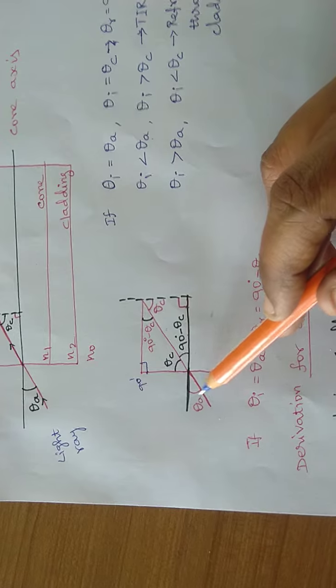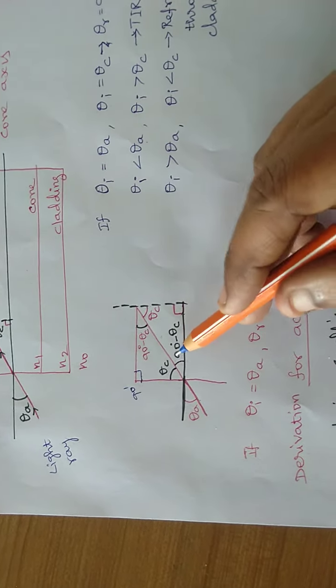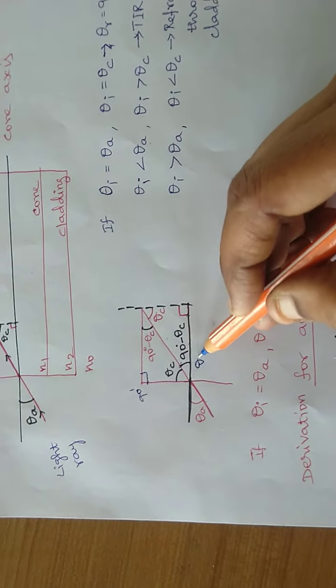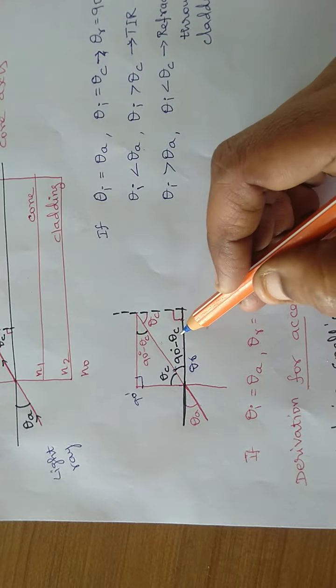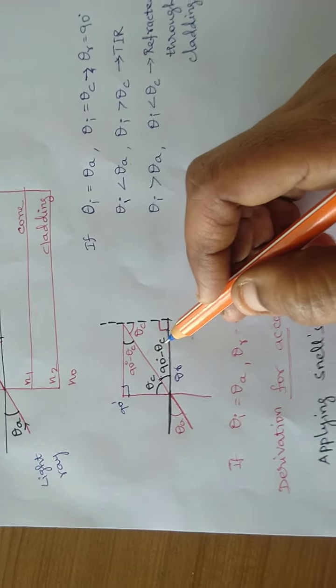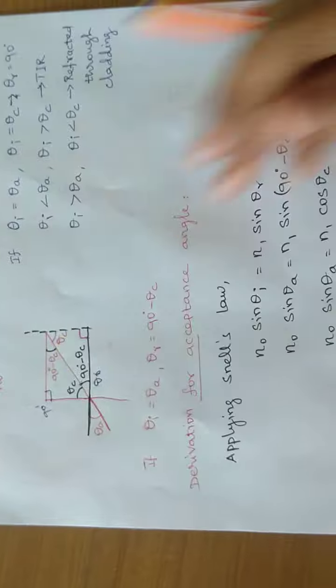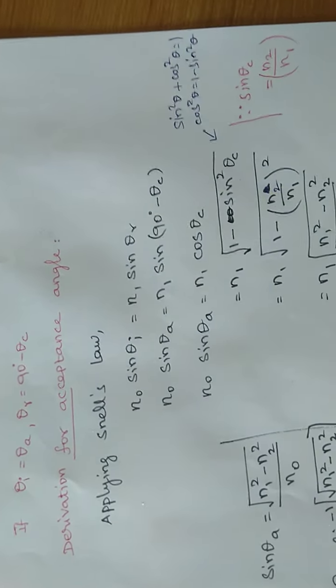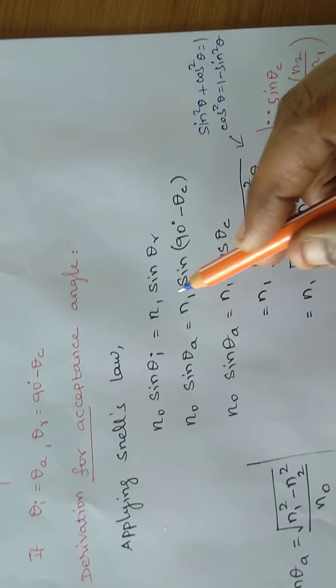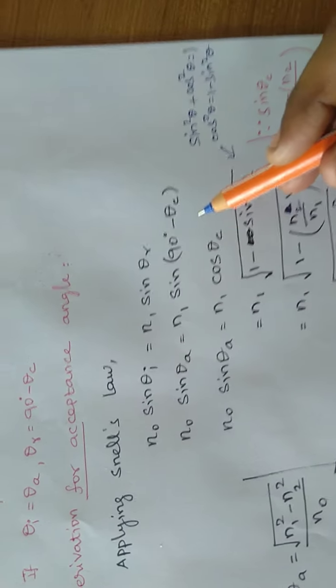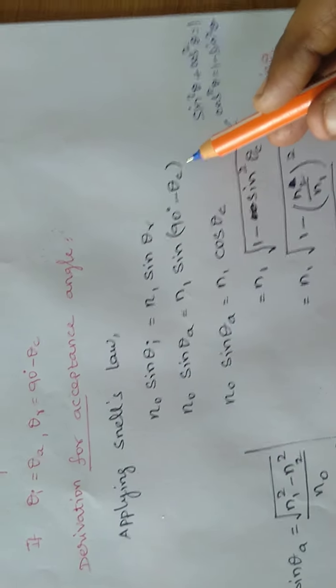Here theta I is theta A, and this is theta R. So this theta R value will be 90 degrees minus theta c. Just apply this value in the Snell's law formula. Instead of theta R we can write sin of 90 degrees minus theta c.